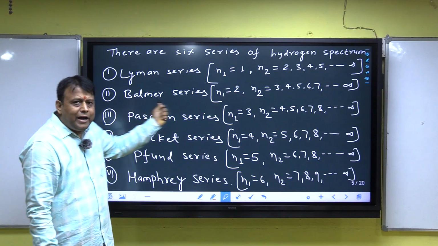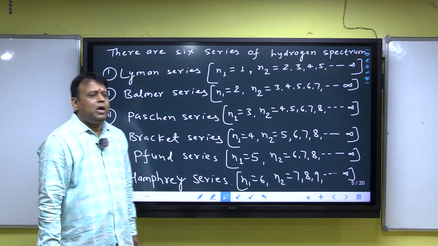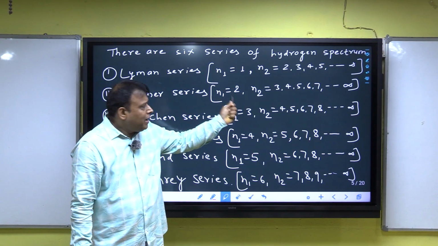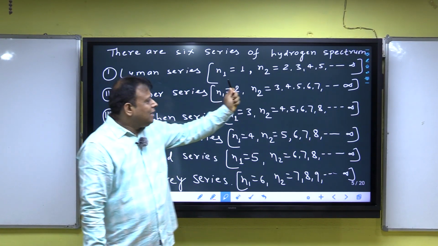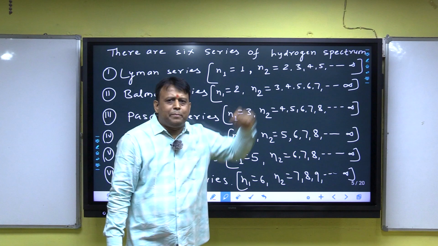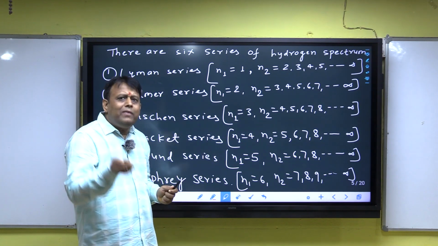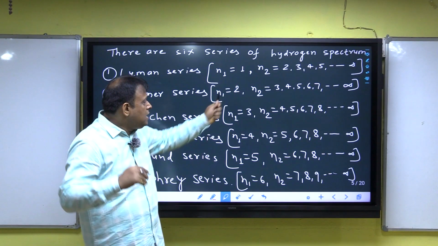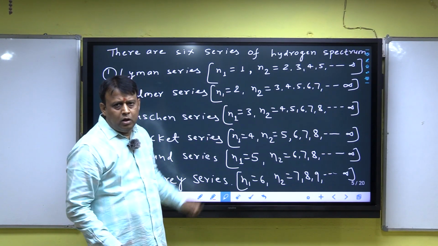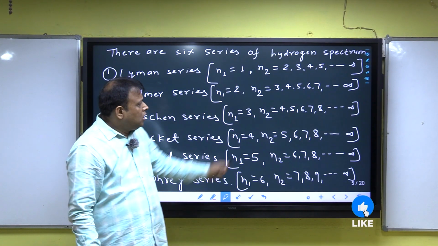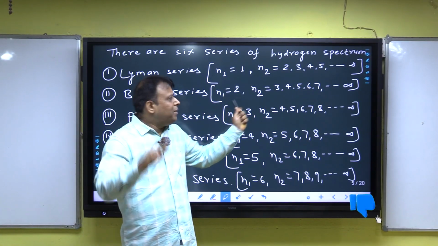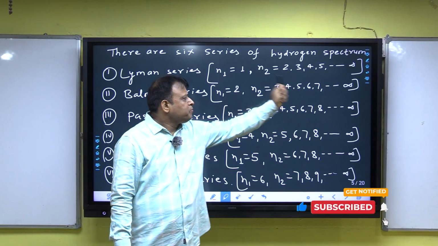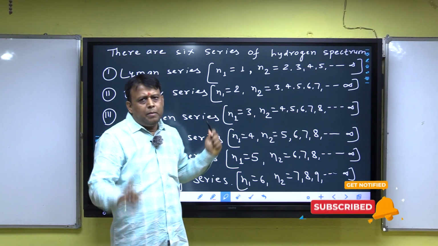Now, the second name is Balmer series. Balmer means when N1 is 2, then N2 is 3, 4, 5. It means when an electron falls from a higher orbit to the second orbit: third to second, Balmer, fourth to second, Balmer, fifth to second, Balmer, sixth to second, Balmer.